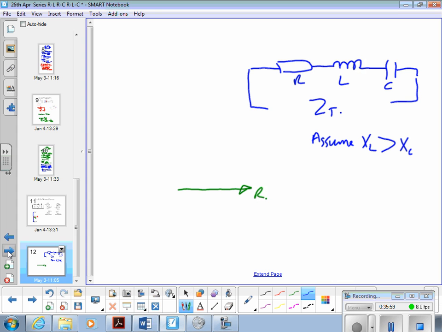So then we'll have an XL, 90 degrees positive to that horizontal. We'll have an XC, and I've assumed that it's less than XL, 90 degrees negative.